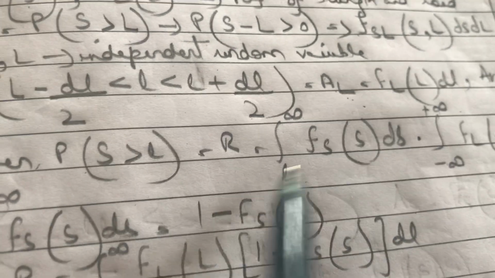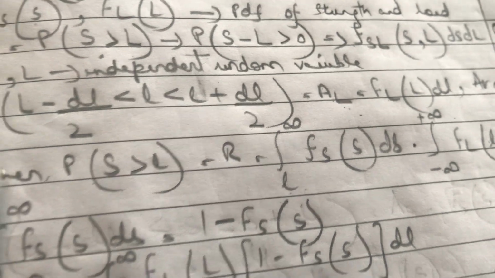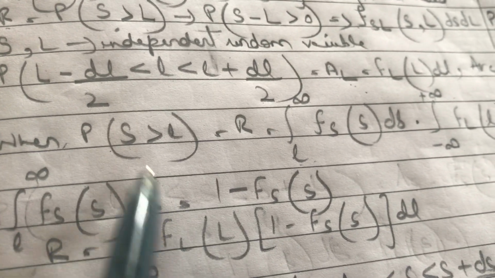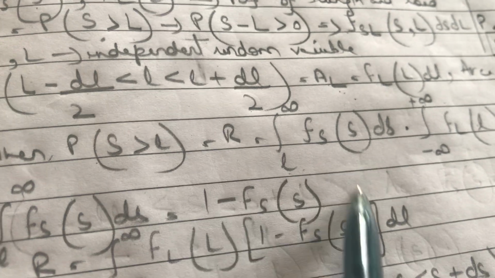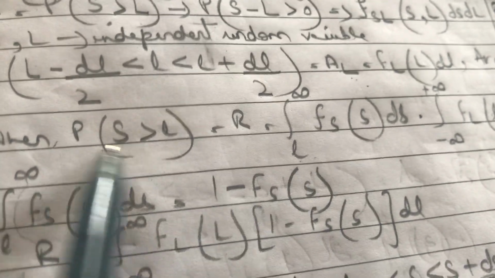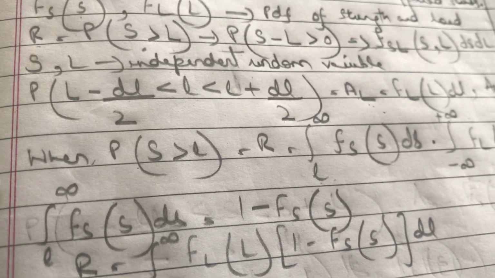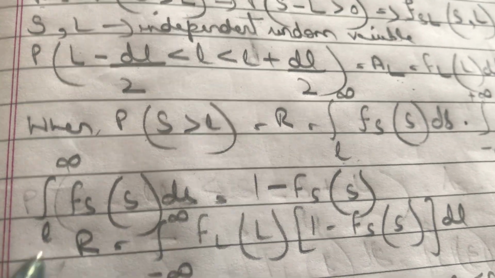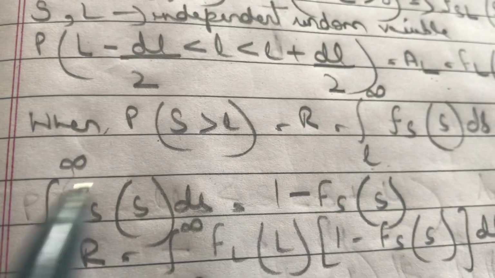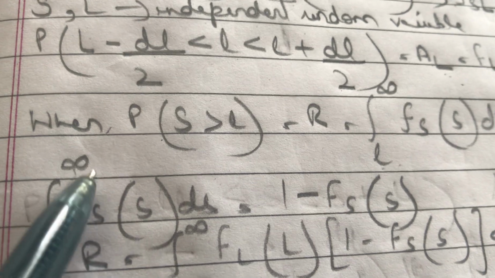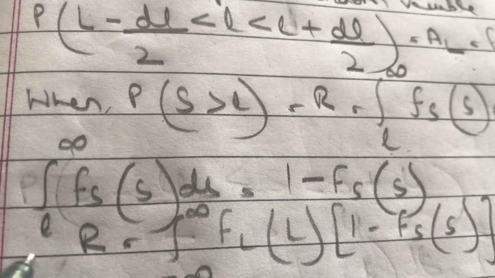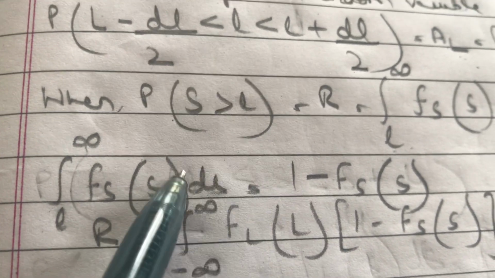Okay, so we wrote it as 1 minus Fs of s. This thing can be written also in the form of this. We just say that this whole term... Why have we done this? Because we removed the integration part in this derivation here.